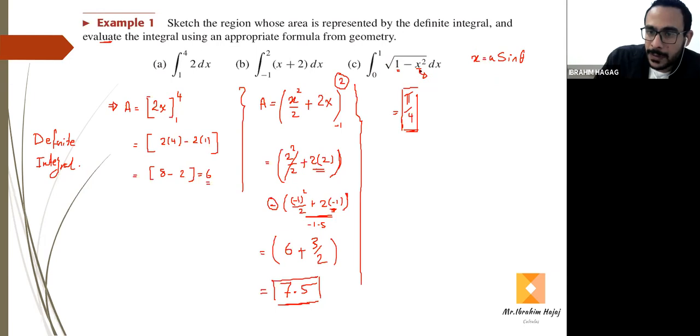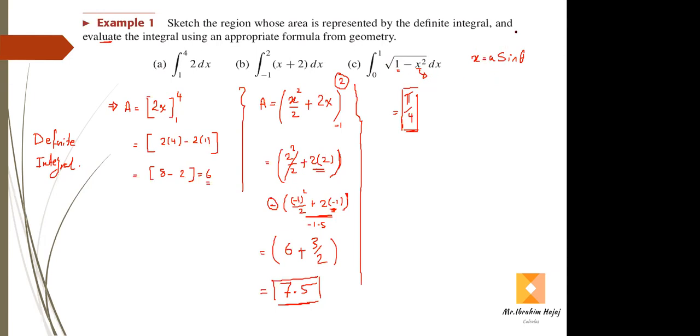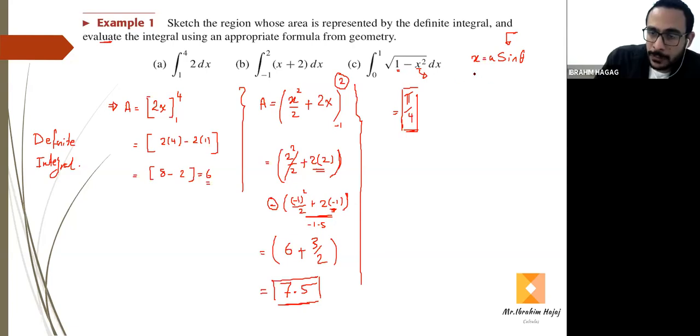I don't remember exactly what you should use. Here a is 1, from a squared minus x squared, so x equals sine theta.